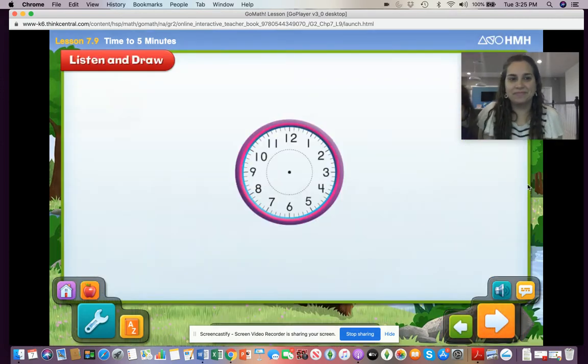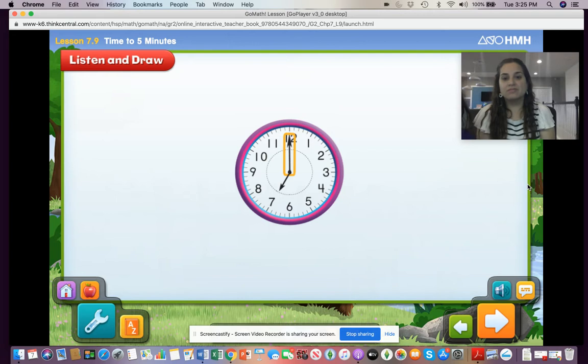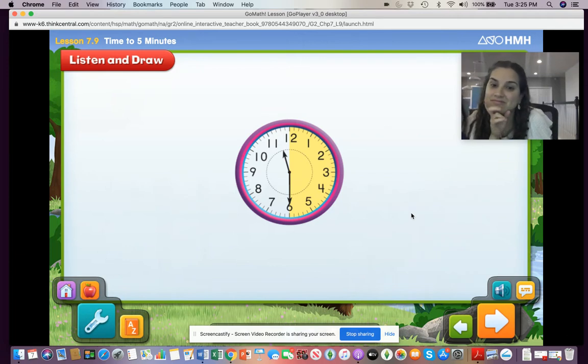Let's show times to the hour and half hour using the hour hand and the minute hand. Sophie goes to the playground at 11:30. To show 11:30, the hour hand points halfway between the 11 and 12, and the minute hand points to the 6. The clock shows 11:30 because 30 minutes have passed since 11 o'clock.